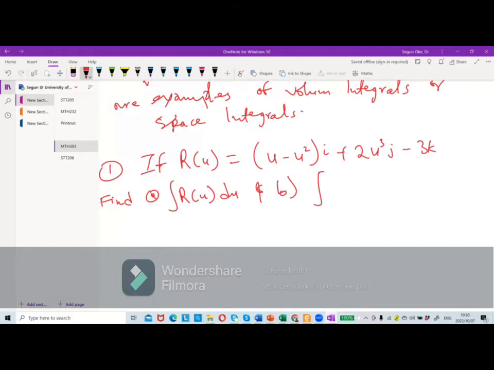The first one is indefinite, the second one is definite.